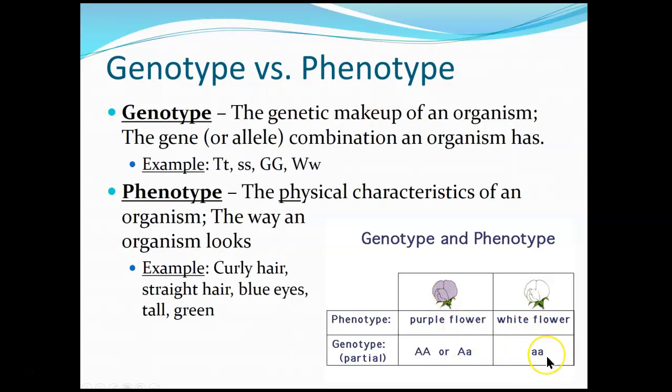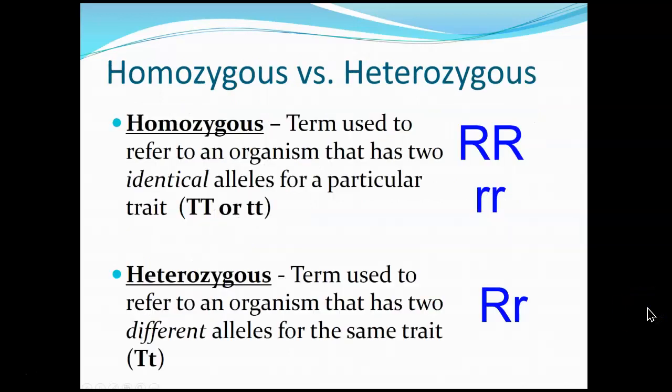You can see there are two lowercase a's, which means that's the recessive trait, and this is homozygous recessive. Here, this is explaining that a little more. Homozygous means the individual has two identical alleles, either two capital R's or two lowercase r's in this case. It doesn't have to be an R; different traits are represented by different letters. Heterozygous means it has two different alleles for the same trait.